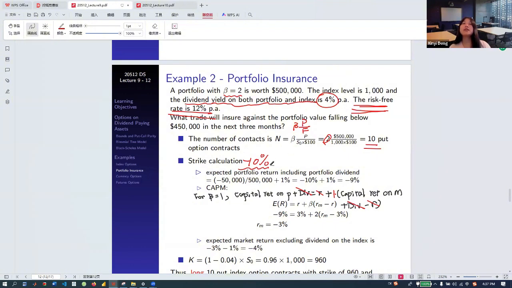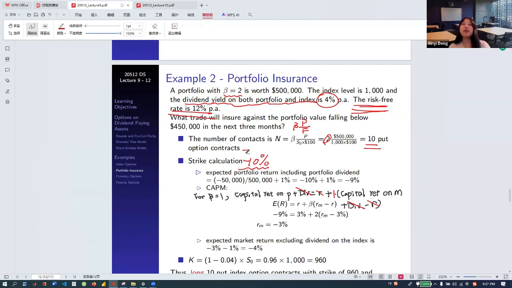Since the CAPM model is a relationship between the total return of the portfolio and the total return of the market, in order to utilize the CAPM computation to derive the index return, we actually have to get the total return for the portfolio first.